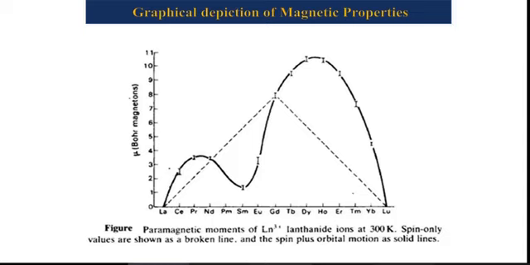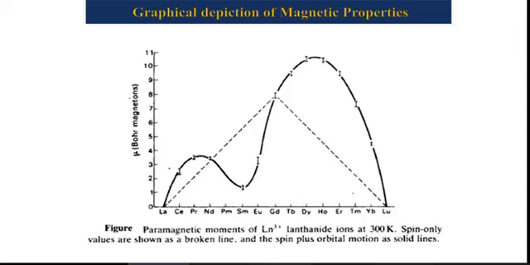And in the previous slide I told you that gadolinium plus 3 is the only element among the 14 elements of the lanthanide series in which only spin contribution takes place, with no orbital contribution.